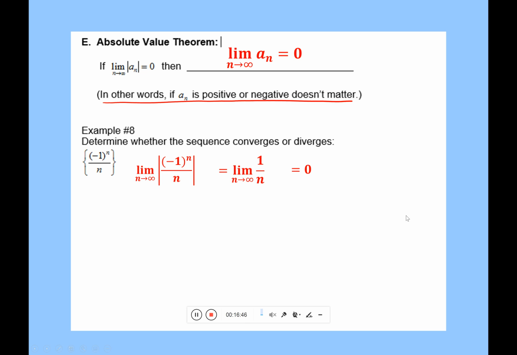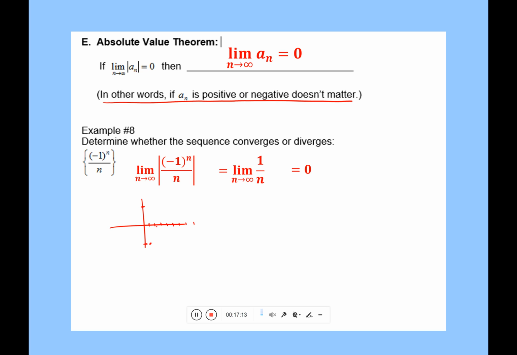And I don't know if this is helpful or not, but think about it this way. Let's say we're talking about n going out to 10 or something like that. So if n is 1, we're going to have negative 1 over 1, right? If n is 2, we're going to have positive 1/2. Let me stretch out. Let's say here's negative 1 and positive 1. So if n equals 1, we're down here.